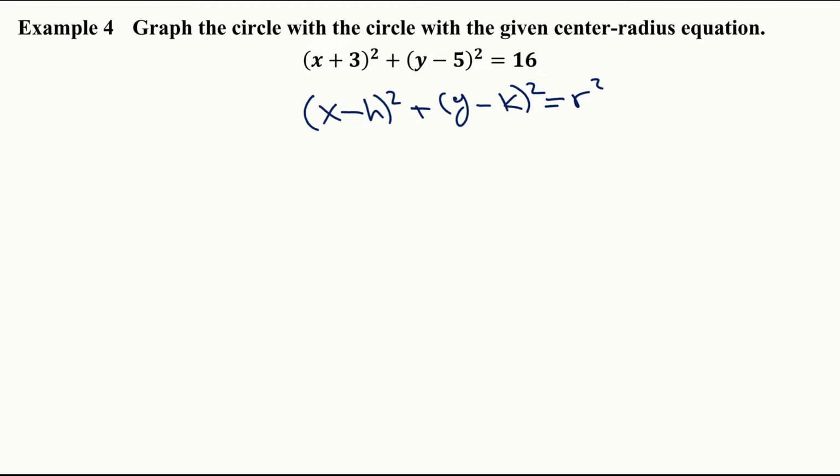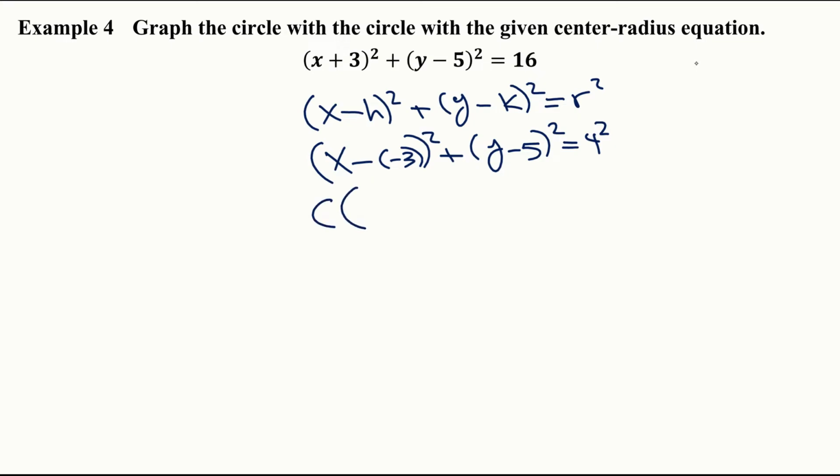All right, so how would I be able to write x plus 3 as x minus a number squared? Well, I would have to go (x minus negative 3) squared, right? Plus (y minus 5) squared equals, and I want to write the 16 as a square as well, so that'll be 4 squared, right?